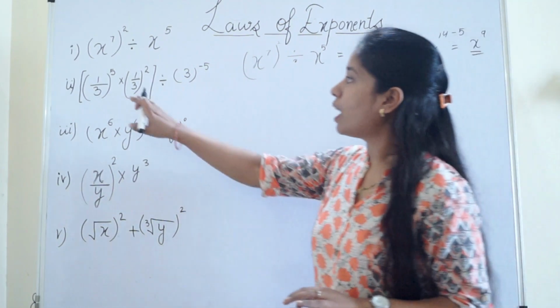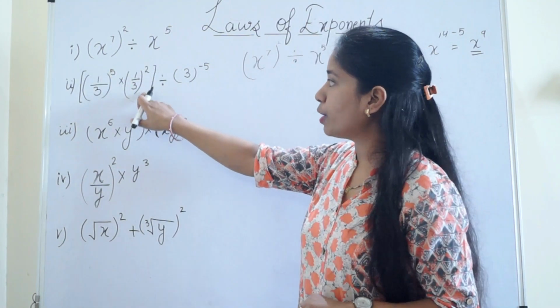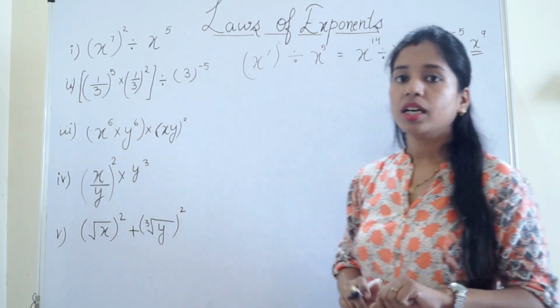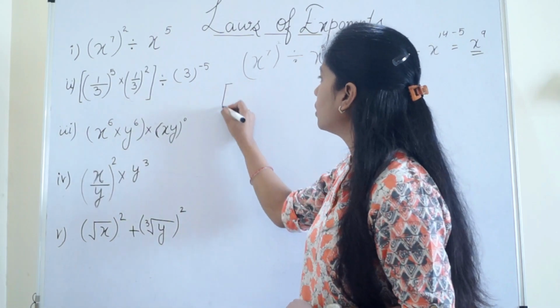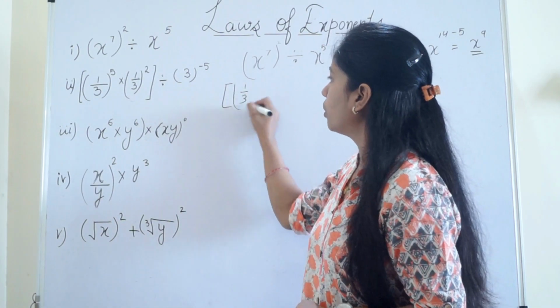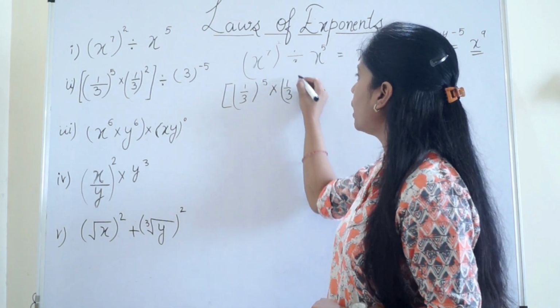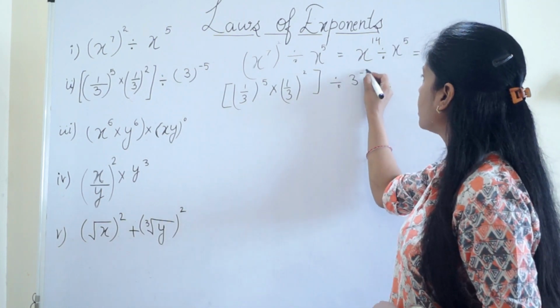Now for the next example I have 1 upon 3 to the power 5 multiplied by 1 upon 3 to the power 2, divided by 3 to the power minus 5. In this case we first solve the square bracket. We have 1 by 3 whole to the power 5 multiplied by 1 upon 3 whole to the power 2, then divided by 3 to the power minus 5.